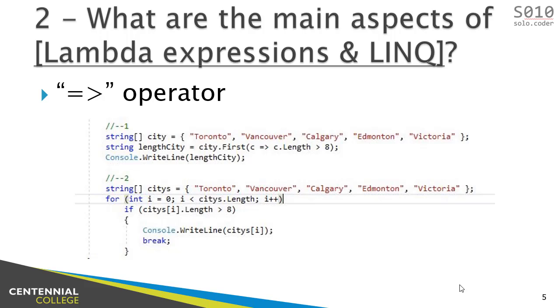In the first one, we use the goes-to operator, and you can see we just have 3 lines to do this function. But when I use the other way, this one has a loop, and I use more than 5 lines.